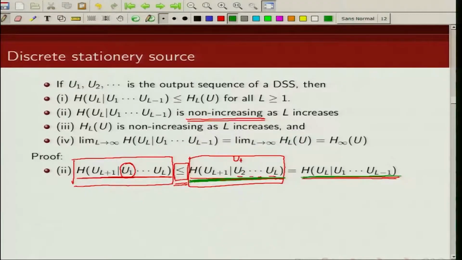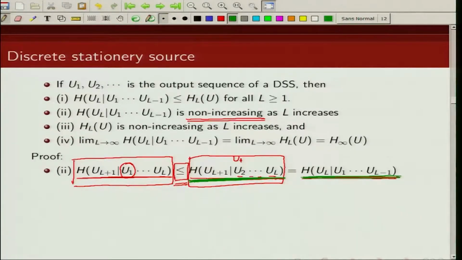So essentially we are replacing L by L minus 1. And since it is a stationary source, this distribution and this distribution will be the same, so the uncertainty of this will be equal to the uncertainty in this.